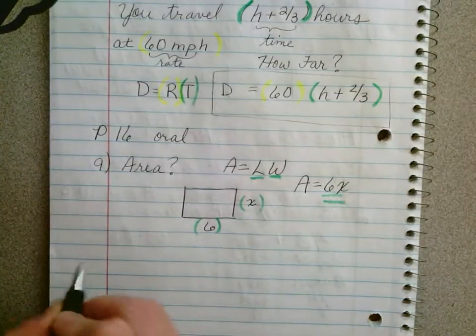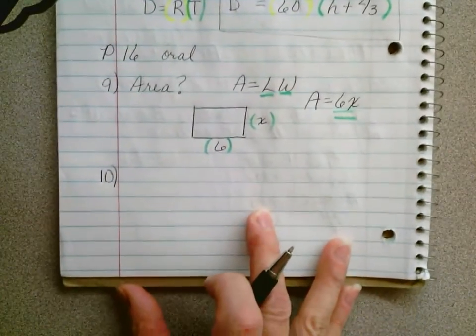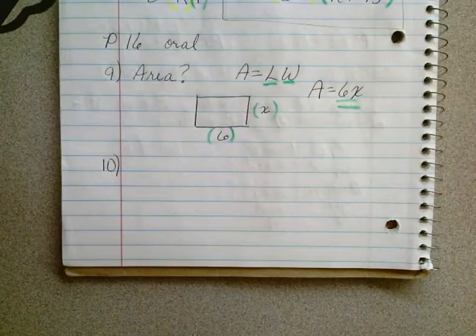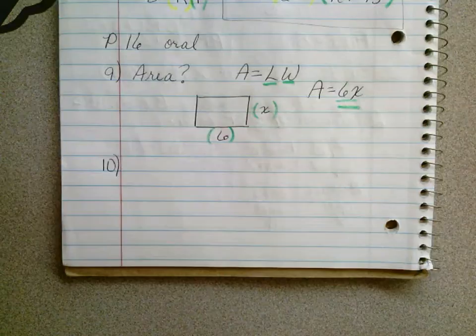Number 10. Read it. What are they asking for? Area, perimeter, cost, or distance, or any piece thereof. And this is going to get trickier here in a minute. Eli, number 10, what is it asking for? It's blank is blank. What's it asking for? Second sentence.